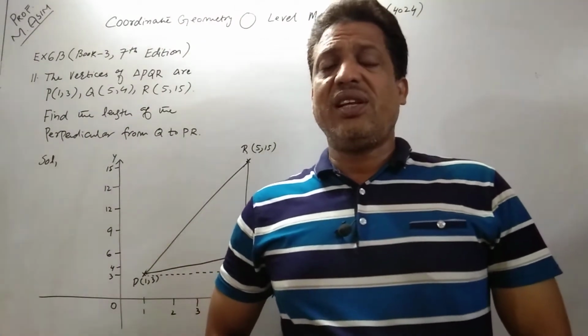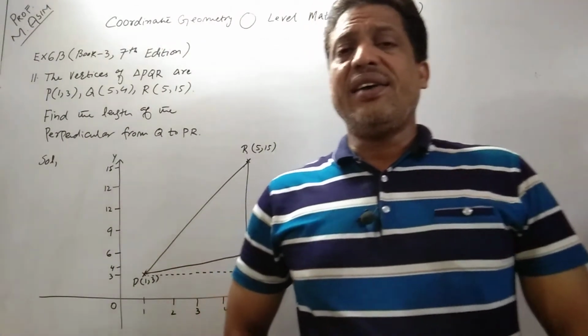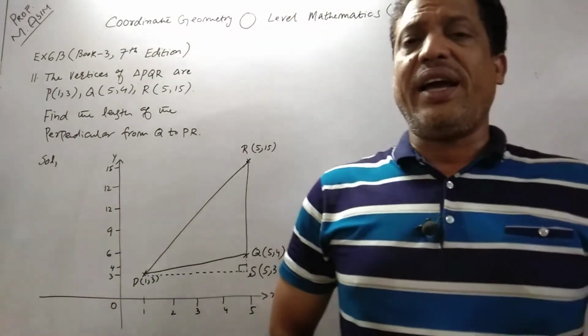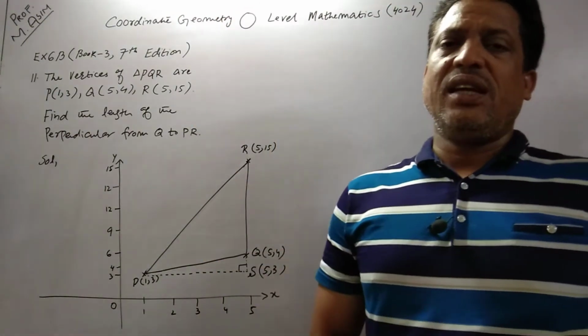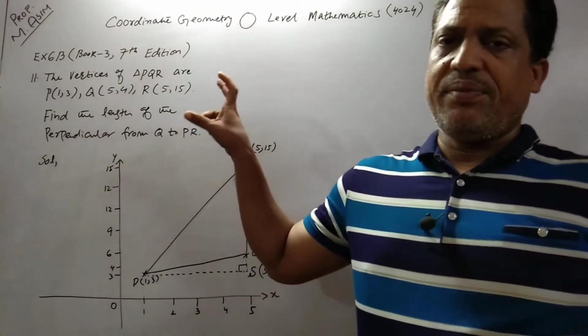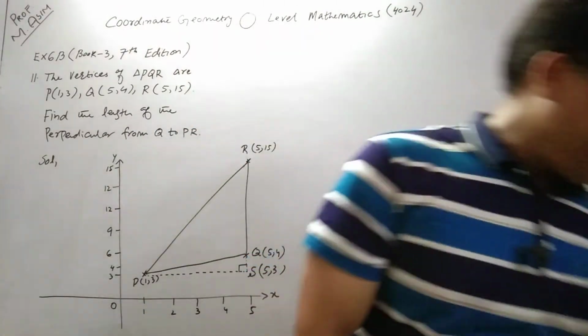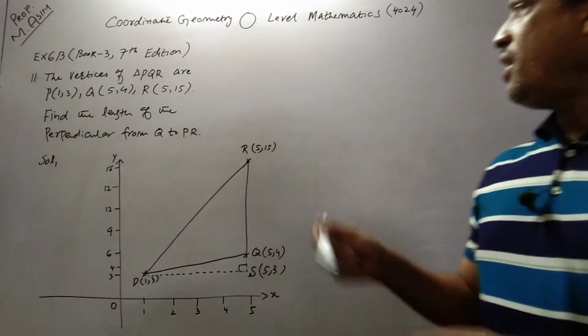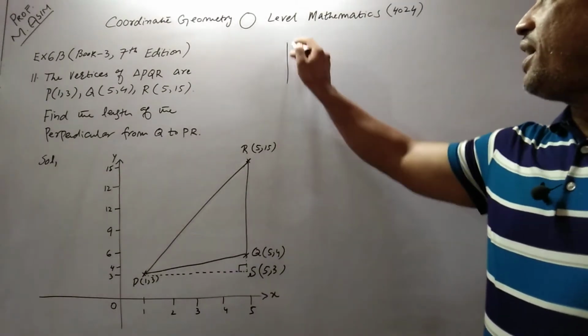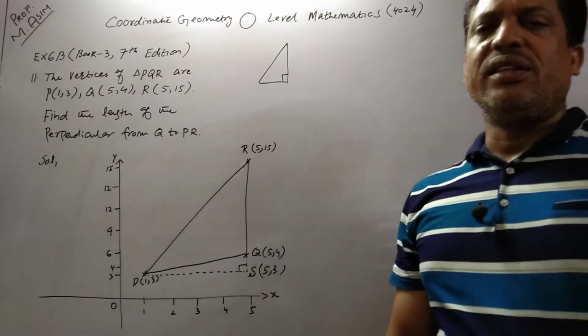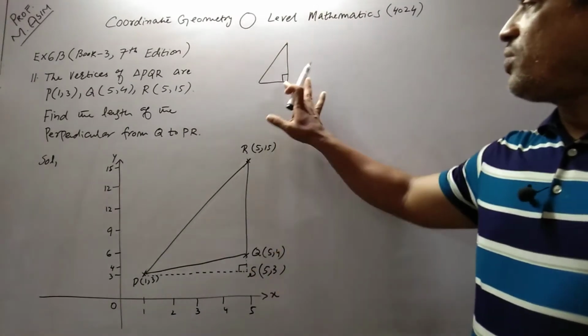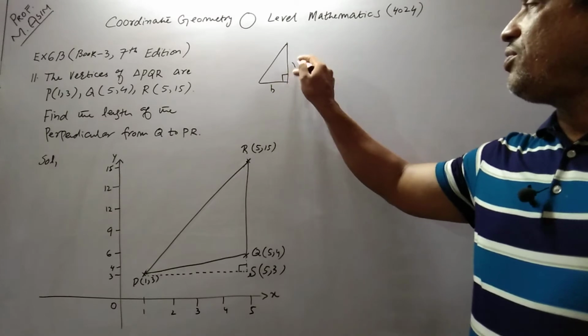If we have an isosceles triangle, then we can find the height by drawing a perpendicular from its main angle. For example, if we have a right angle triangle, then we can easily find the area of this triangle, half into base into height.